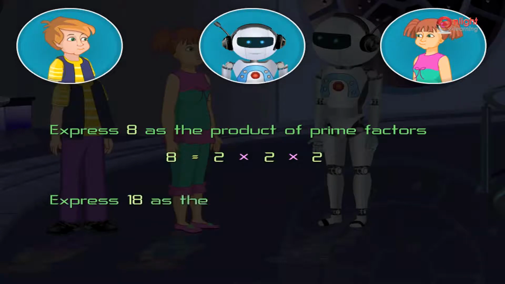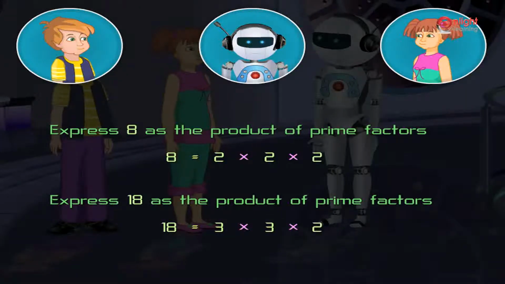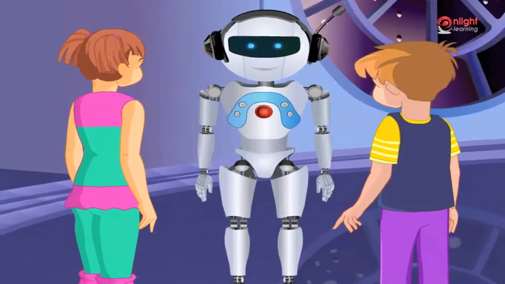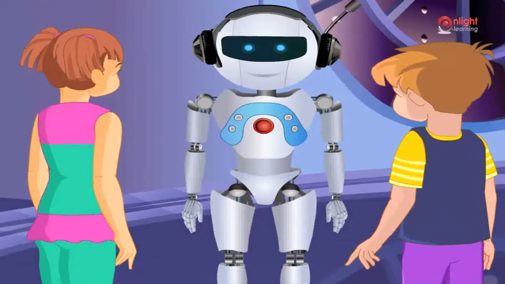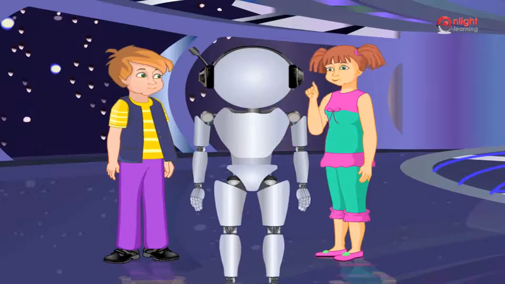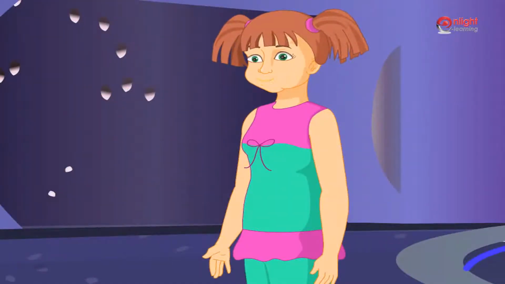Express 18 as the product of prime factors? 18 can be written as 3 multiplied by 3 multiplied by 2. Here, 2 and 3 are prime numbers. Can you express 48 as the product of prime factors? It is difficult to find the prime factors of 48 just by seeing.